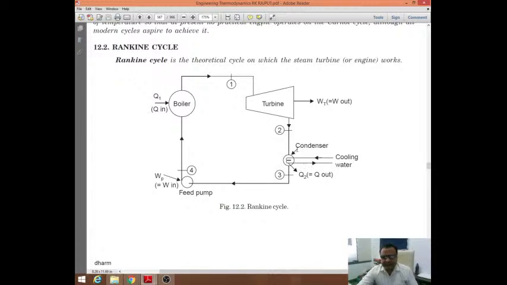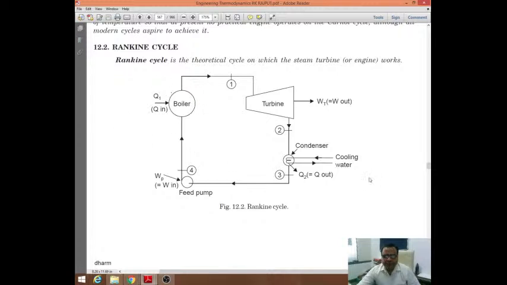But as the condensation is now a constant pressure process, we can allow it to get completed, we can allow the steam to be completely converted into water, and then simply by using a feed pump with minimum possible energy, we can feed it back to the boiler. So here what we are achieving is a practicable cycle, although the efficiency of this cycle is greatly reduced because of these changes.